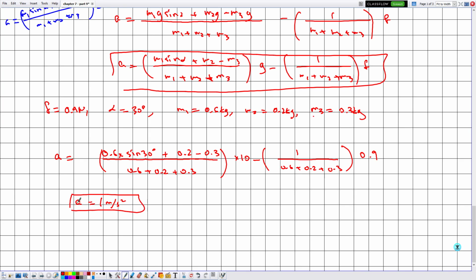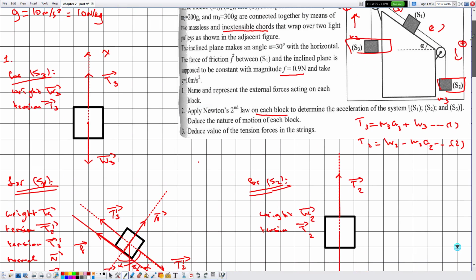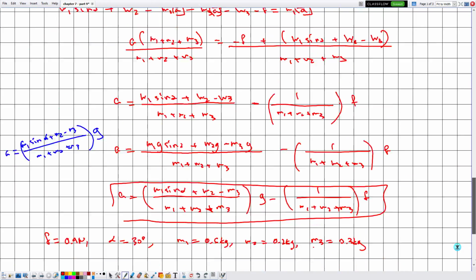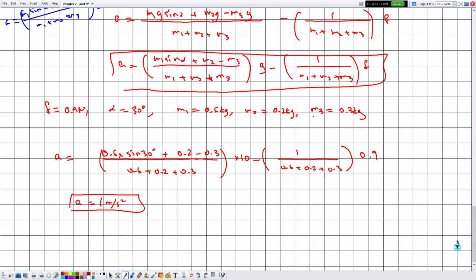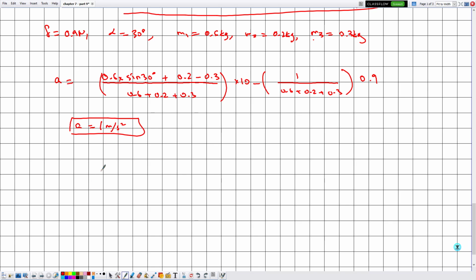Now after that they are telling me to determine the value of the tensions. But first we need to deduce the nature of motion of each block. Simply, the nature of motion of each block is UVRM. Why?